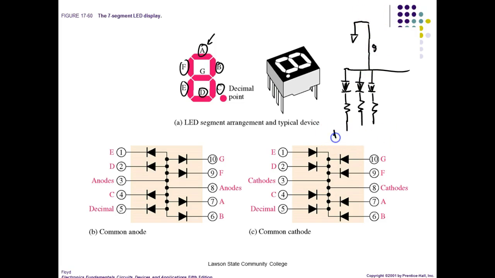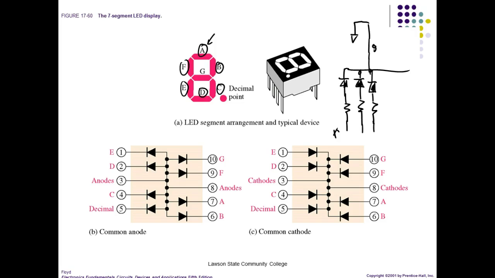And then I would come over here and I would put, oops, sorry, wrong one. Ours is a common cathode, not a common anode, Rich. So the cathodes are pointing up. So normally this is what you would do. So that way each one's got their own resistor.